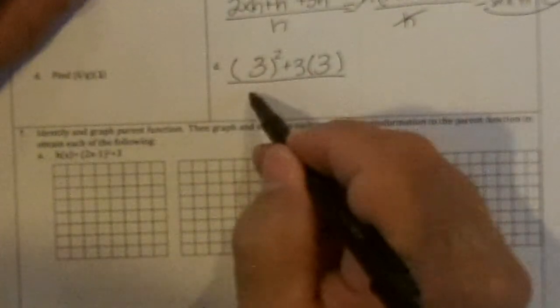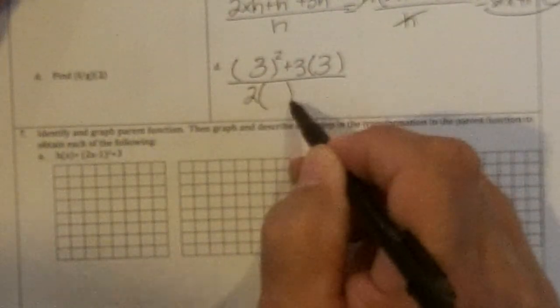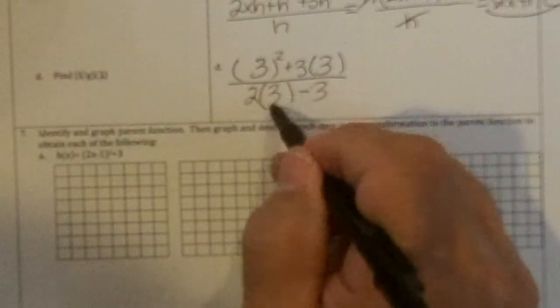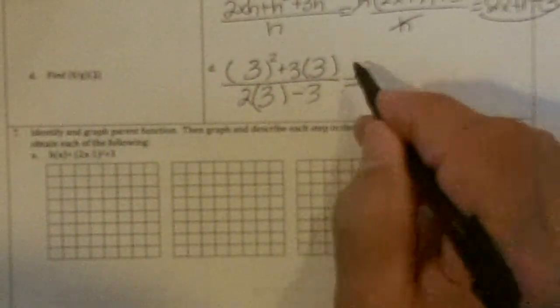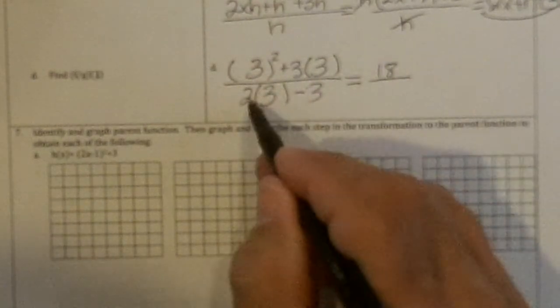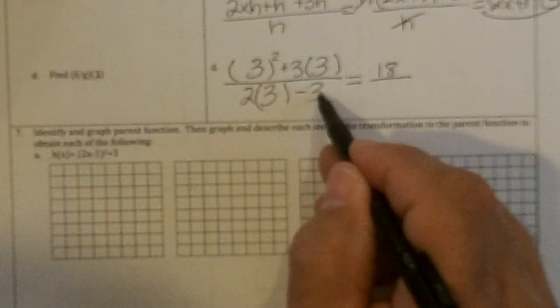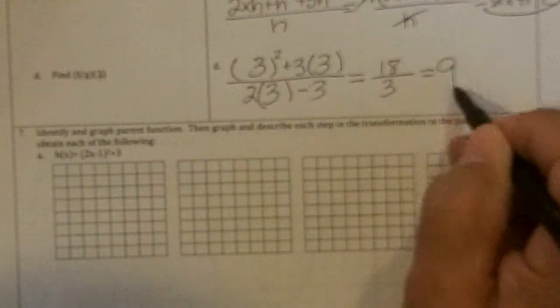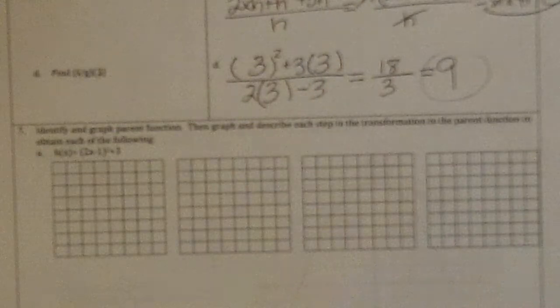G is 2x minus 3, and in place of the x I'm putting the 3. So I get 9 plus 9, which is 18, over 6 minus 3, which is 3, and that reduces to 9.